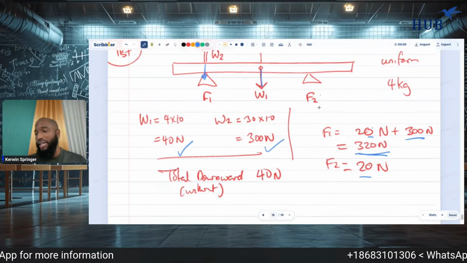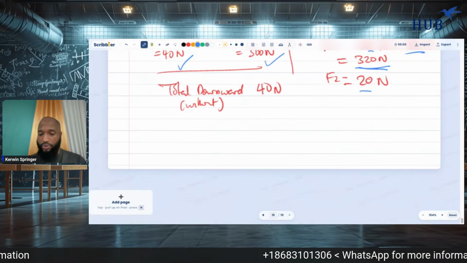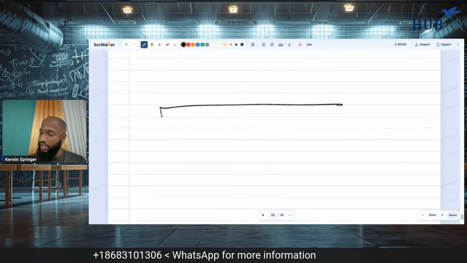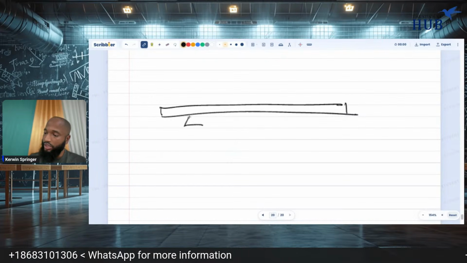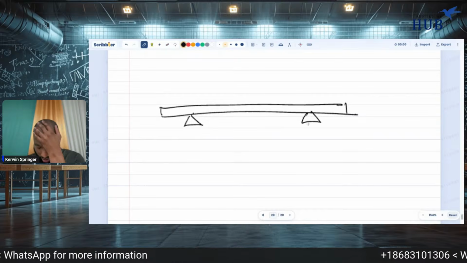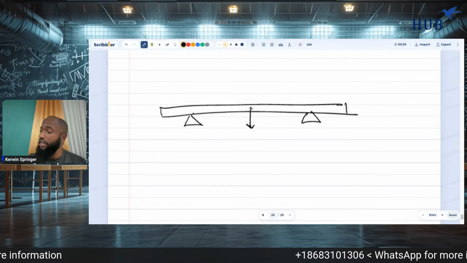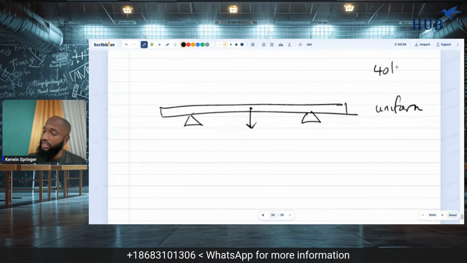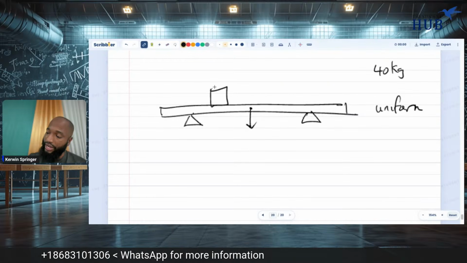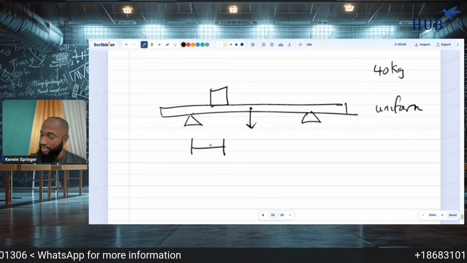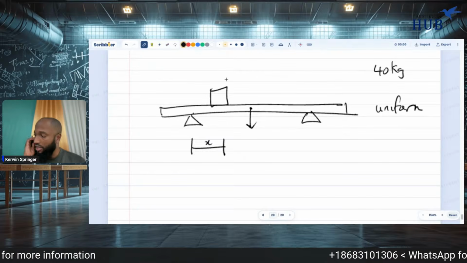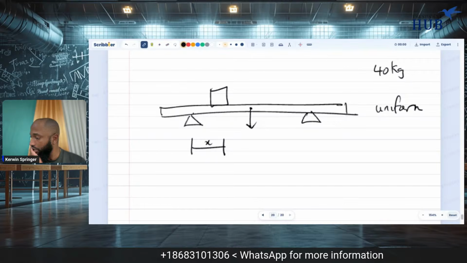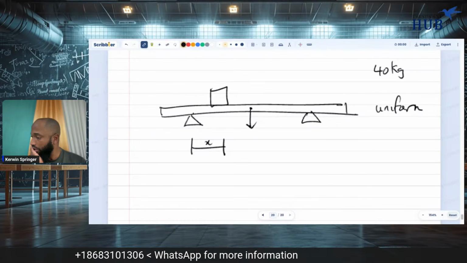Let's do a next. There was an example that came like that a long time ago. Let's do another question. So that was a special case, right? Let's give back these two fulcrums. Let's give the center. Let's make it uniform again. Let's say the mass of this is 40 kg. Let's put a load here, and it's some distance away, and we need to find this.